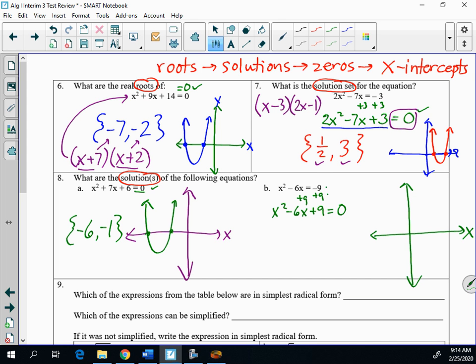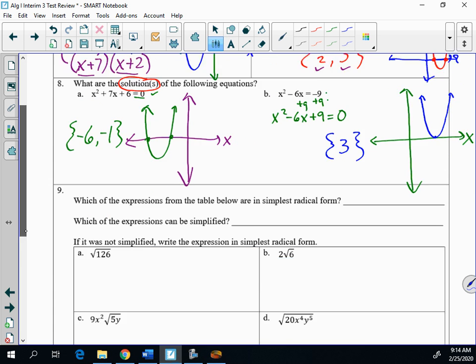It actually only has one answer because it is coming down, touching, and then going back. So it only touches in one place, which is positive 3. It's called a double solution or a double root when it just touches one time.